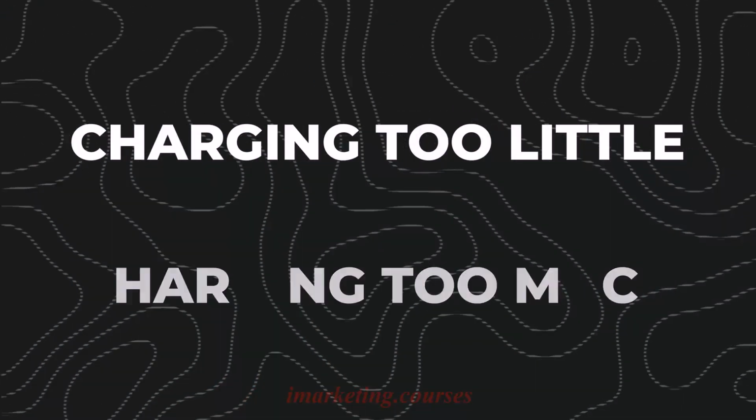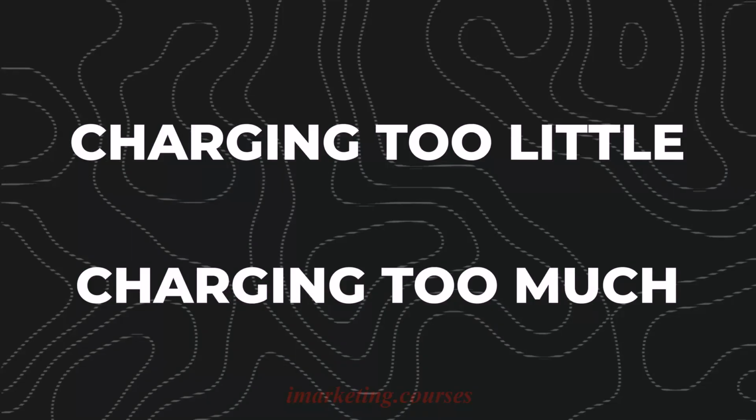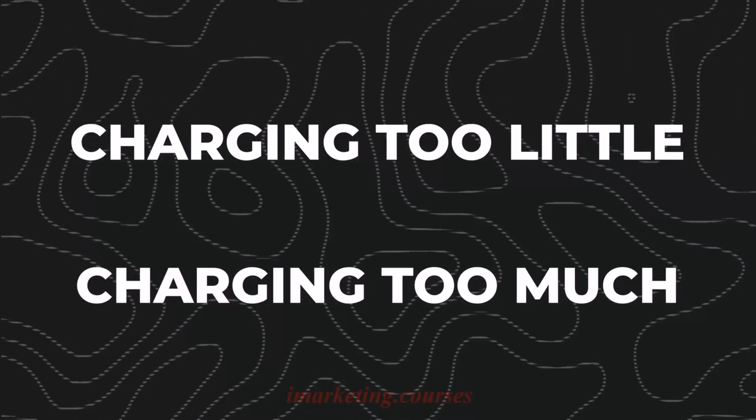But my point is, we found as an agency, and this is a really high level piece of advice for you, something you learn as you go down the line. The two biggest fears, or the two biggest nightmares, for an agency are charging too little and charging too much. And most people don't realize this, especially when you're charging performance.